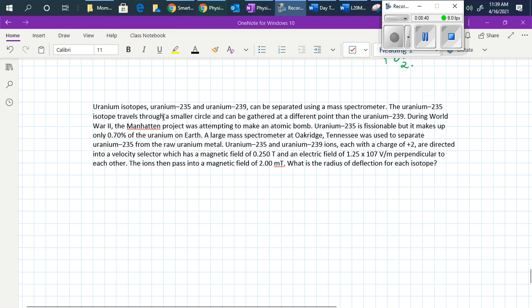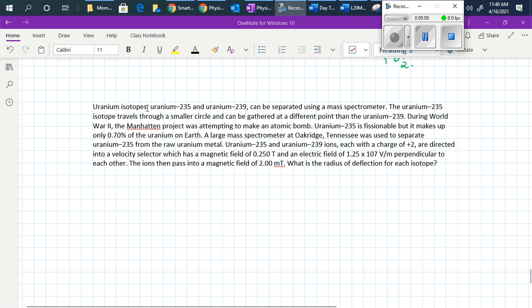Just some advice: when you see a question like this with a lot of information on it, do not be overwhelmed. Just skim through it, figure out what you are going to find, select the information that you have from the question, and use your logic to figure out what they are looking for.